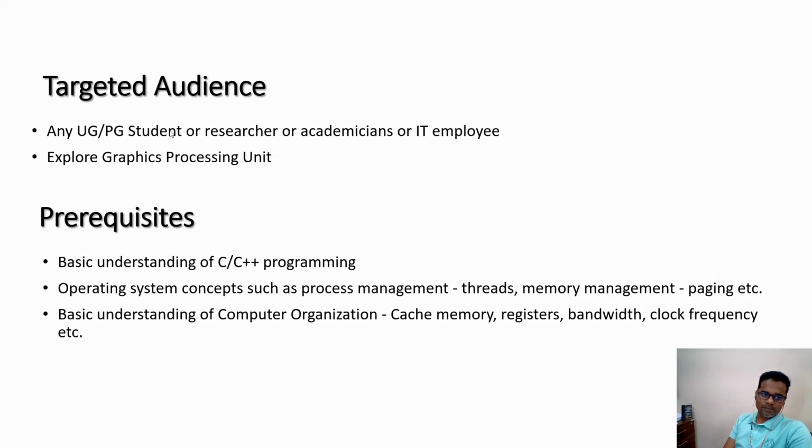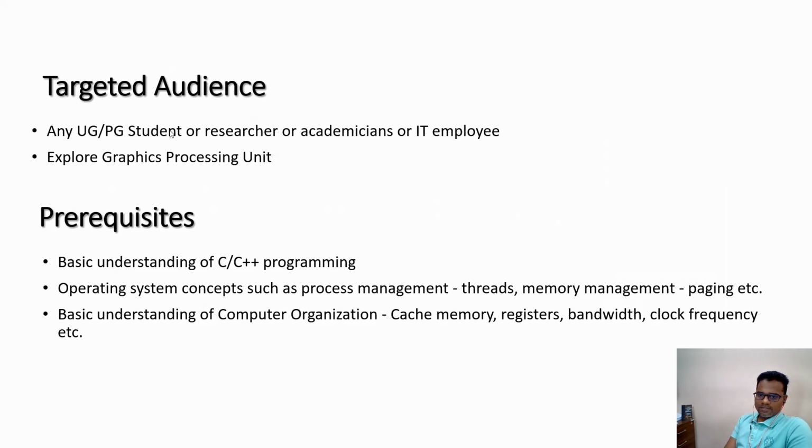Apart from this basic understanding of programming, you must have fundamental knowledge about operating system concepts such as process management. To be specific, you must have a basic understanding of what a process is, what threads are, and how processes and threads work in parallel. That basic understanding is essential.